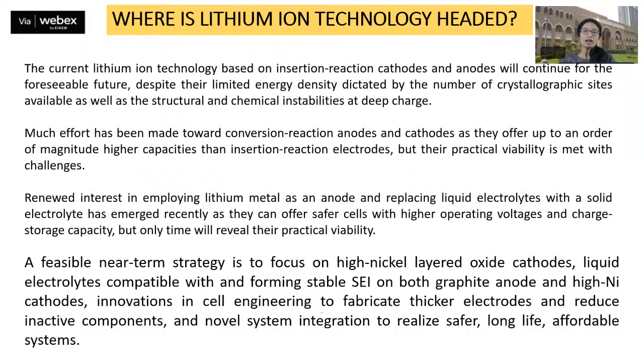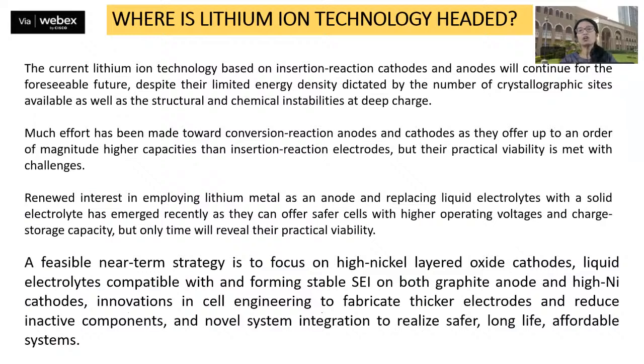So from all that we went through in the last lecture as well as up till now, you can see the feasible near-term strategy will be to focus on high nickel layered oxide cathodes, and liquid electrolytes compatible with and forming stable SEI on both the graphite anode as well as high nickel cathodes. Also innovation in cell engineering to fabricate thicker electrodes with fewer inactive components, and novel system integration to realize safer, long-life and stable batteries.